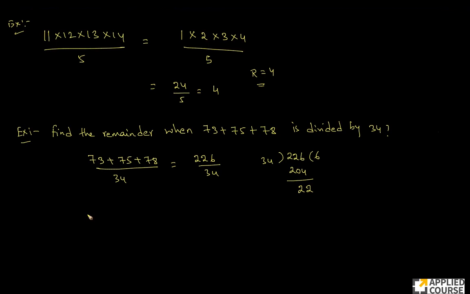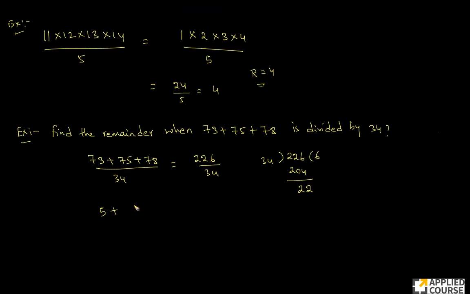By applying the remainder theorem, we will see the answer. How to apply the remainder theorem? You need to apply it to every number individually. What remainder will you get when 73 is divided by 34? 5, since 73 minus 68 is 5.